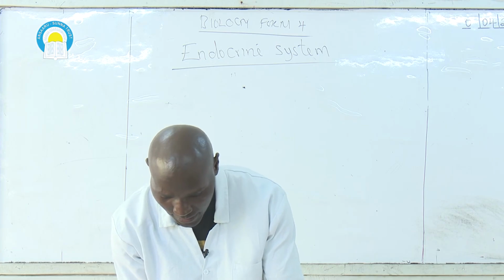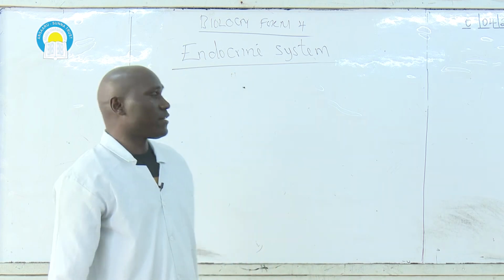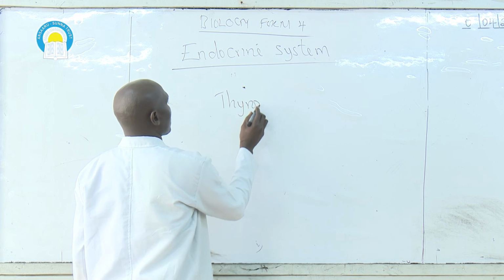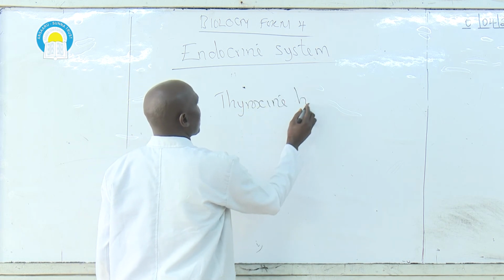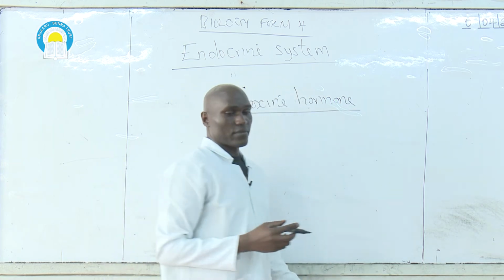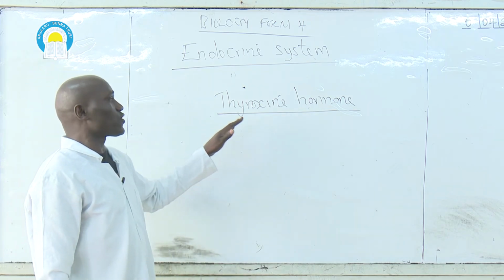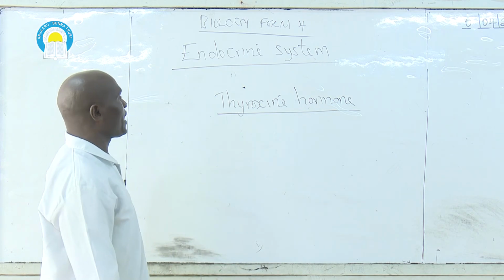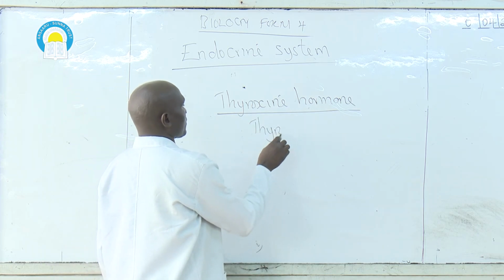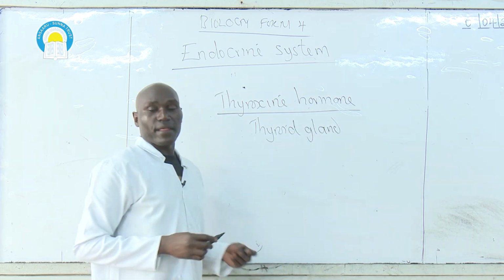Fine, so the hormones that we'll talk about here, one will be thyroxine hormone. Thyroxine hormone is a hormone that is normally secreted from the thyroid gland in the neck region.